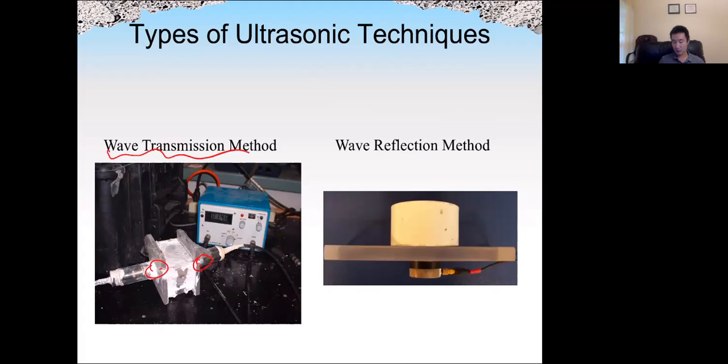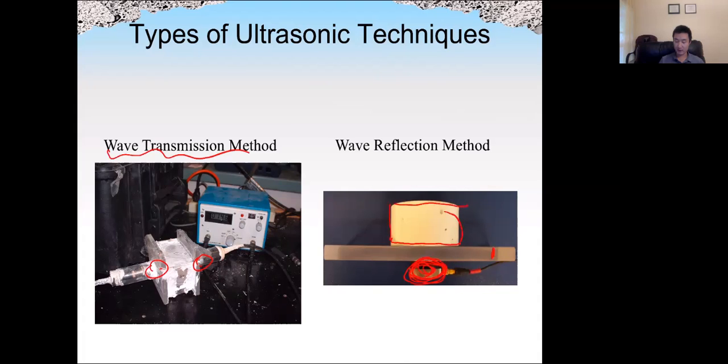Sometimes the transmitter and the receiver will be in the same unit. Okay, for example, here is the material we want to check, which is the steel plate in this case, and this is the medium which will make sure the wave will be reflected. So we want to check, for example, the thickness of the steel plate.